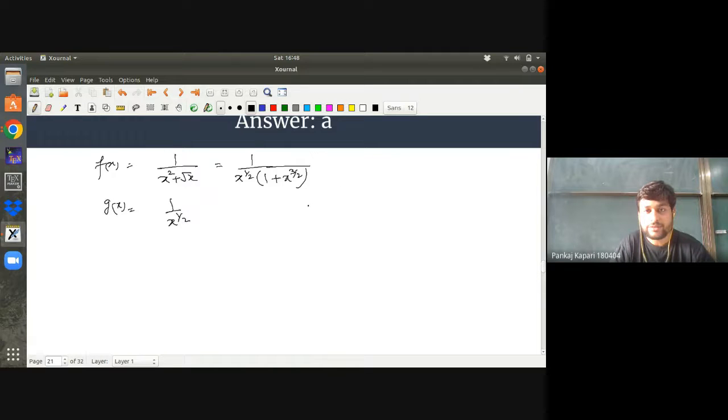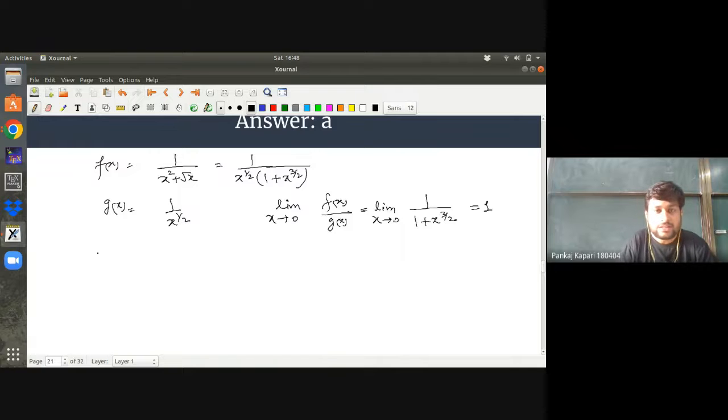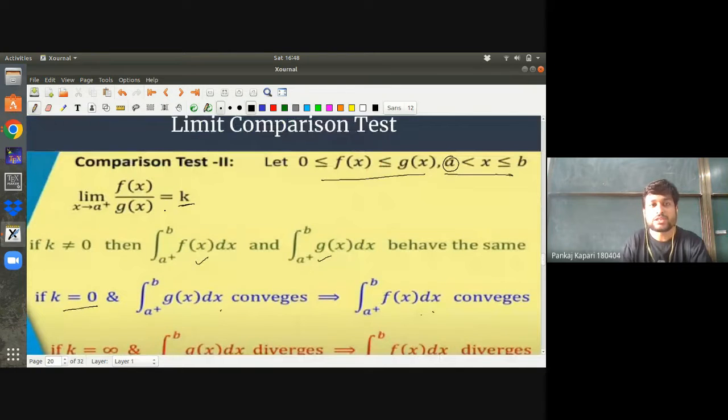Now note that the limit as x goes to 0 of f(x) over g(x) is equal to the limit as x goes to 0 of 1 over 1 plus x to the power 3/2, and this limit is 1. Hence now use the comparison test.